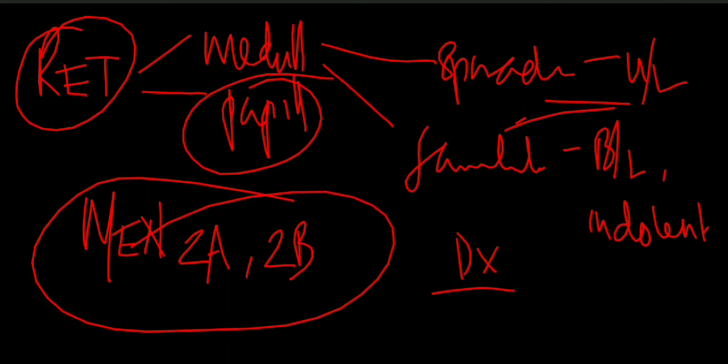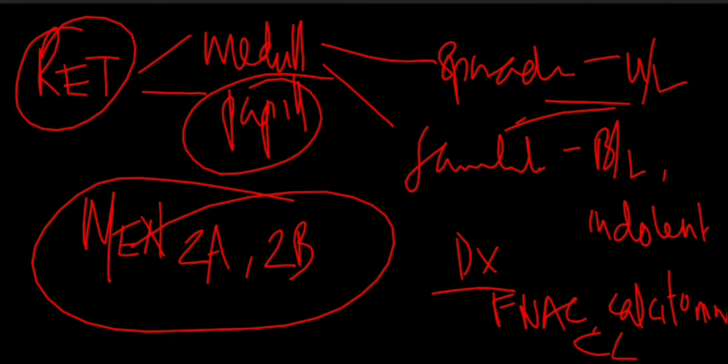Okay, so how can you do the diagnosis? We have already said that you can go for an FNAC. You will see polygonal cells in the amyloid stroma. You can go for immunohistochemistry using calcitonin, and also you can do carcinoembryonic antigen.